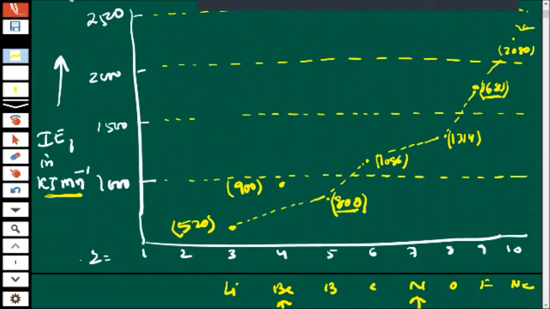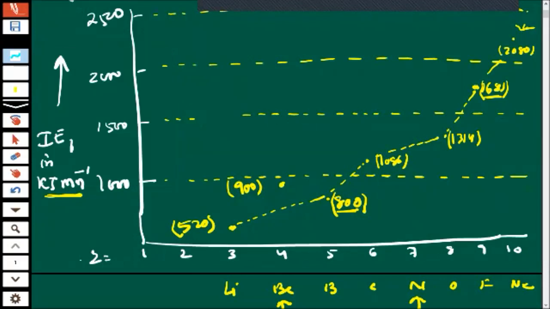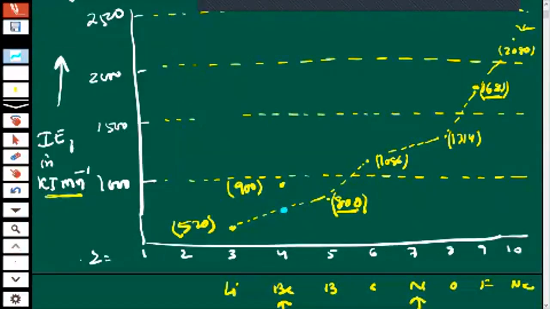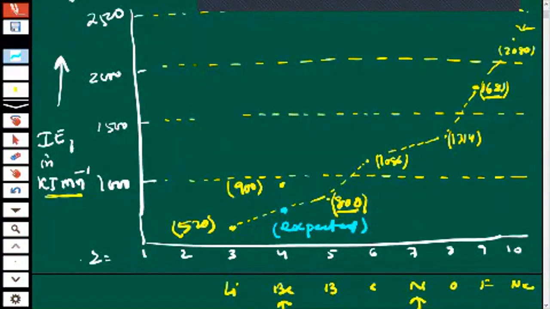So this is one exceptional, because we expected the value of beryllium somewhat here. This is known as expected value. But it is not like this. So yes, definitely one question will be there, why it is not like this.